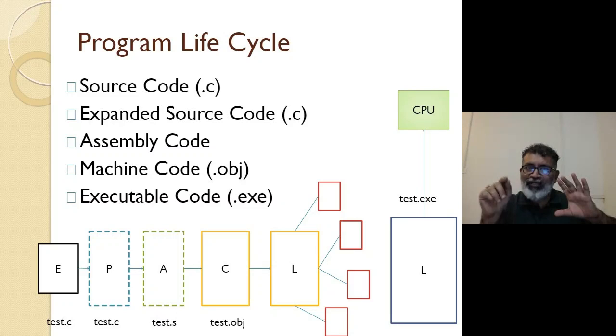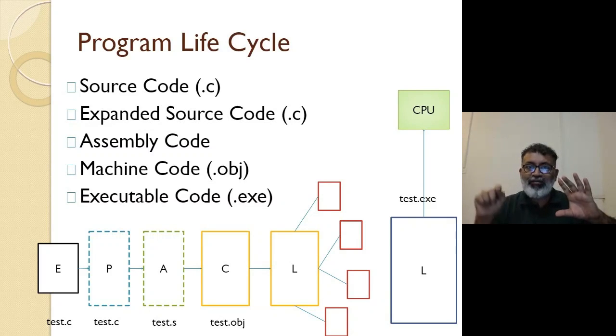So there must be some file inside the machine, printf.obj. Might be its name we do not know. There might be some separate file, scanf.obj, some file like malloc.obj, some file free.obj.